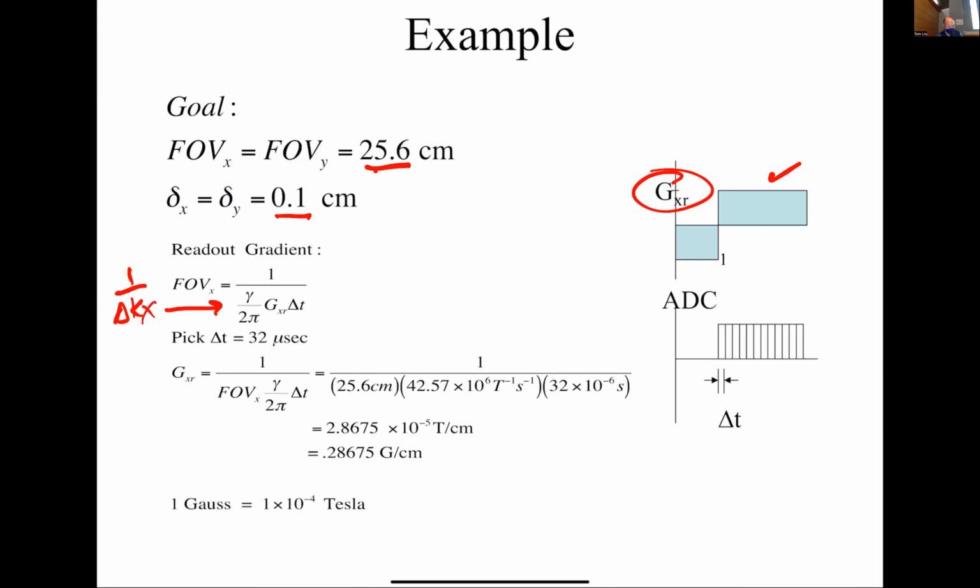Let's say you're given delta t equals 32 microseconds. Then you just plug and chug: solve for GXR, plug in the FOV, gamma over 2 pi, and delta t, and I end up with 0.28675 gauss per centimeter as my gradient. This is a variation of a calculation that's made in an MRI pulse sequence.